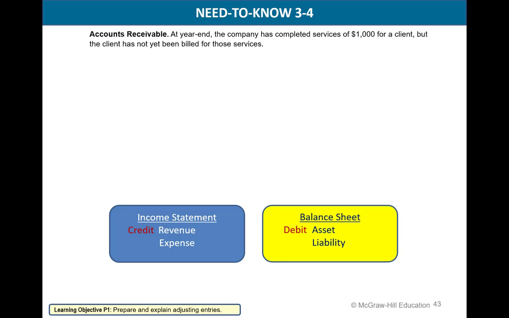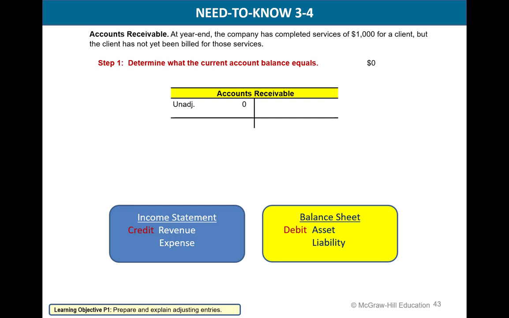Accounts receivable at year end: the company has completed services of $1,000 for a client. The client has not yet been billed for those services. The first thing we need to do is determine what the current balance equals. Since this is unbilled, it should be 0. Step 2, determine what the current amount should equal.